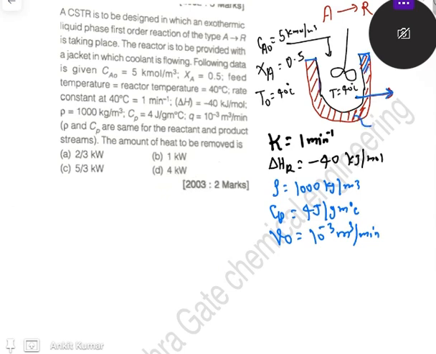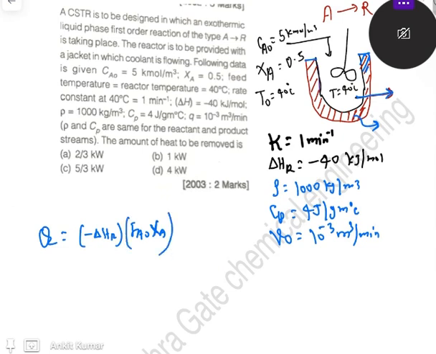So definitely from this cooling jacket, you are supposed to remove some heat. How much heat are you going to remove? That Q can be written as minus delta H of R, Fa naught and Xa.